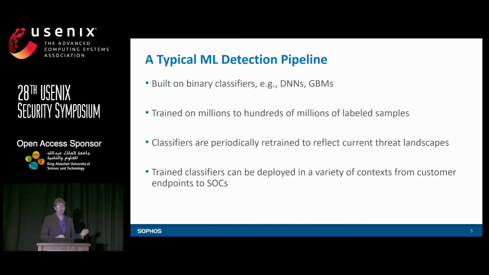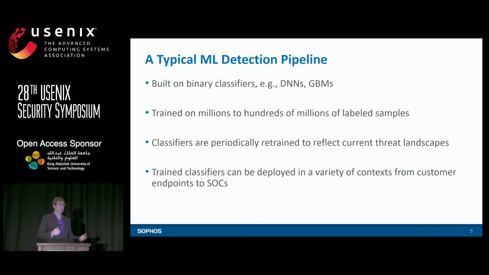Detection using machine learning for malware is built on binary classifiers. Like deep neural networks, other common approaches use gradient-boosted decision machines with binary outputs. That said, we're going to focus on neural networks throughout this talk. And these detectors are trained on millions to hundreds of millions of labeled samples.